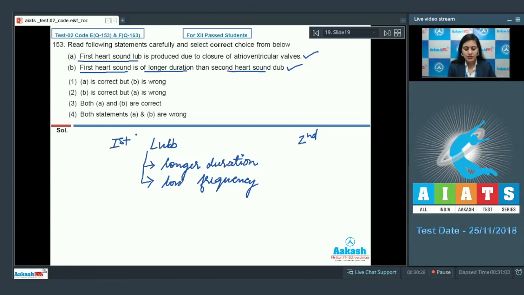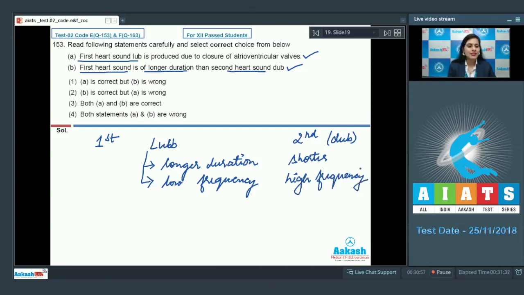This is the first heart sound, and second heart sound is dub, which has shorter duration and high frequency. So both these statements are correct.